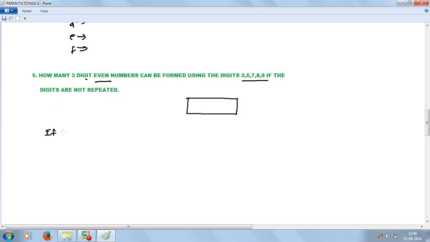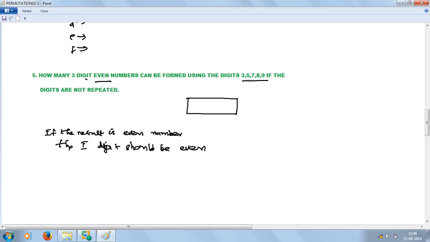If the result is even number, the first digit should be even.